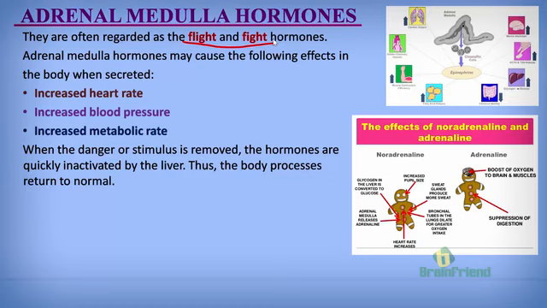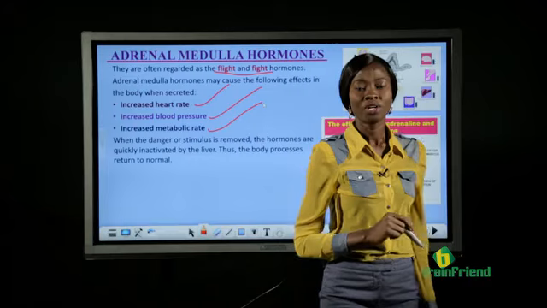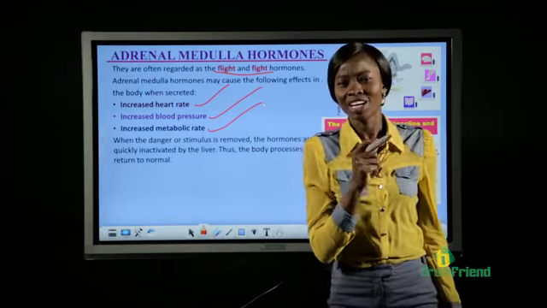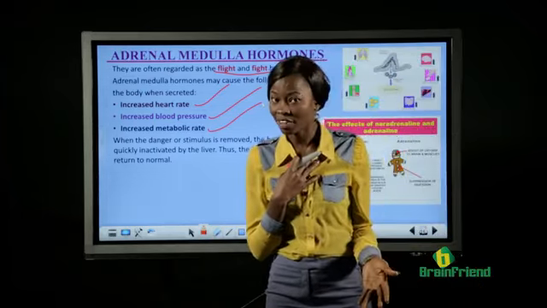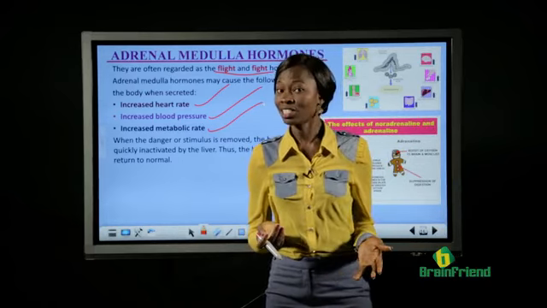They cause the following effects in the body. When adrenaline is secreted, it increases heart rate, increases blood pressure, and also increases metabolic rate. Think of it a little. Remember those times when you were angry or afraid, your heart was beating faster, isn't it?